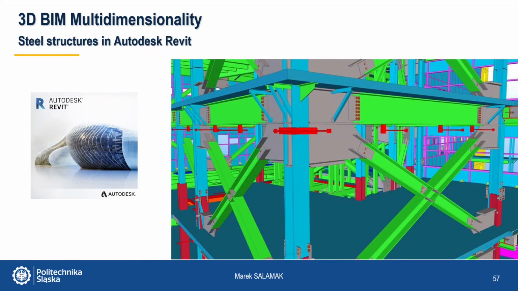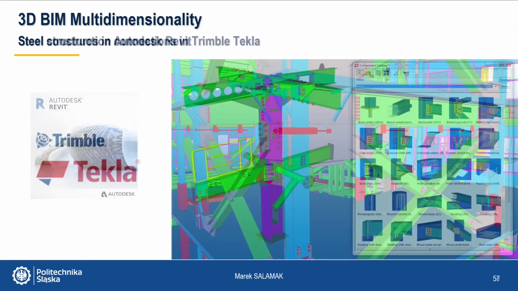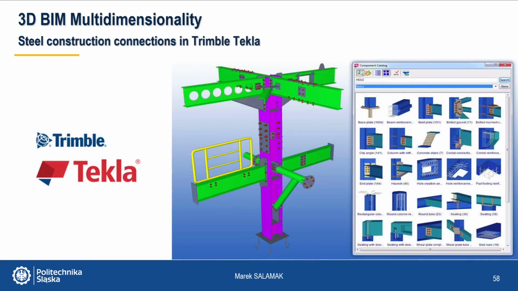Now there will be some examples of 3D models for structural elements created by various BIM tools. First, steel structures in Autodesk Revit. Trimble Tekla Structures is a very efficient tool for structural engineers.